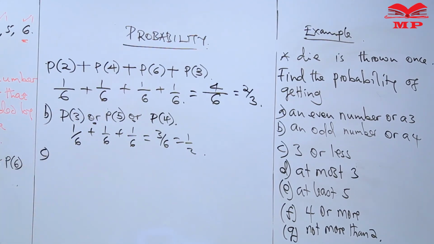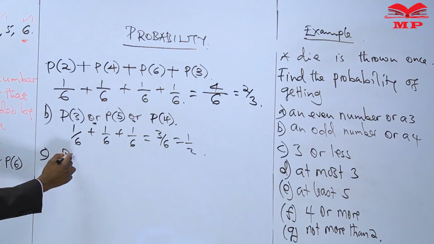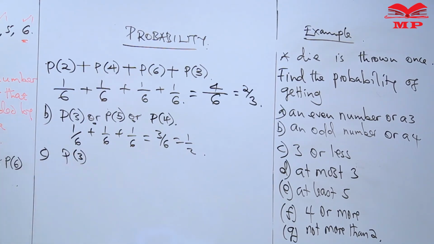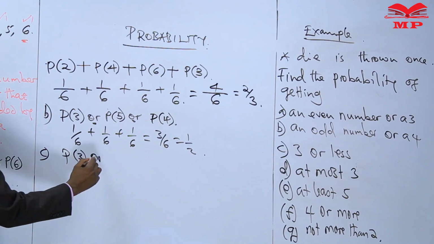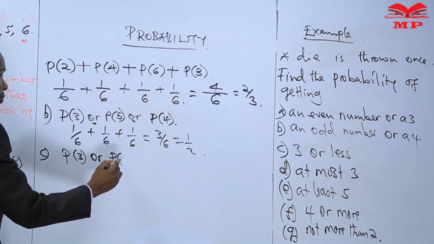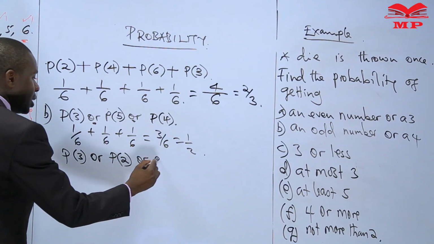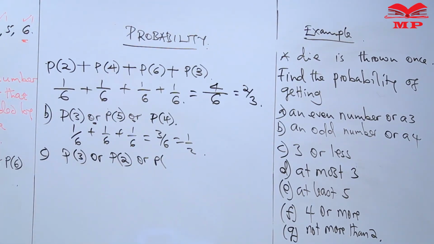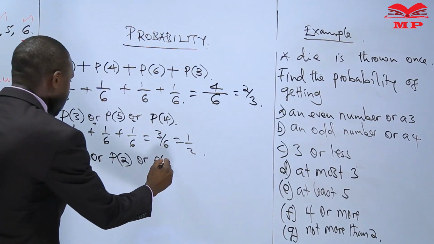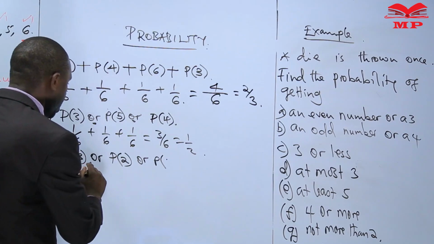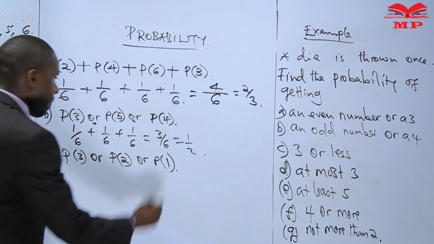In this case, this is the probability of 3 or less, meaning we are looking at the probability of 3 or the probability of 2 or the probability of 1.